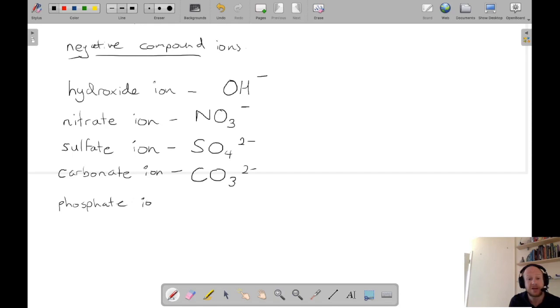So the phosphate ion is normally found in phosphoric acid. Probably you're noticing a bit of a common theme here. These all seem to be things in acids and bases, and you're completely right. So the phosphate ion here is PO4. That's 1 phosphorus and 4 oxygens. And this one has a 3 minus charge. So here we have all of the compound ions that you are expected to know for your GCSE.